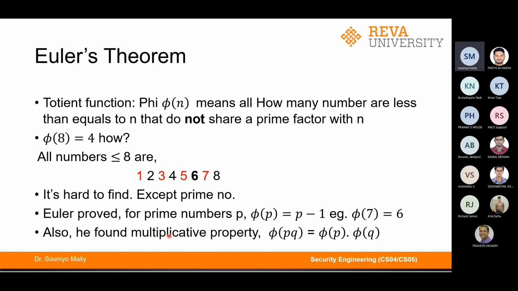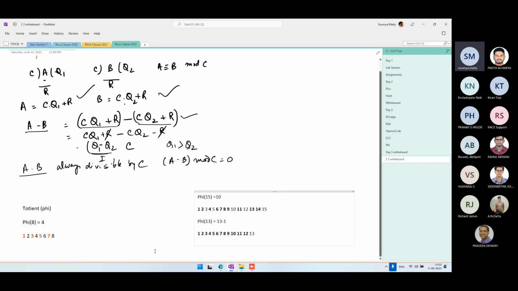He also found that phi is multiplicative. That means phi of p times q equals phi of p into phi of q. This is a property he found. You can test it: phi of 8 into phi of 15 is phi of 120, since 8 times 15 is 120.